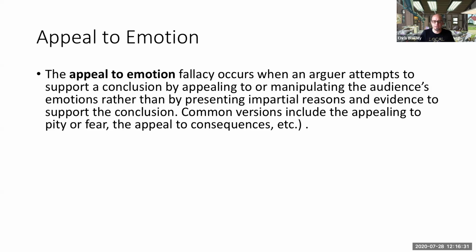Common versions of this include the appeal to pity, appeal to fear, and there are a couple other versions as well. We saw the fear version in the example from the Daily Show there, appeal to maybe personal vanity there as well. Fear of losing your relationship, your romantic relationship or significant other.